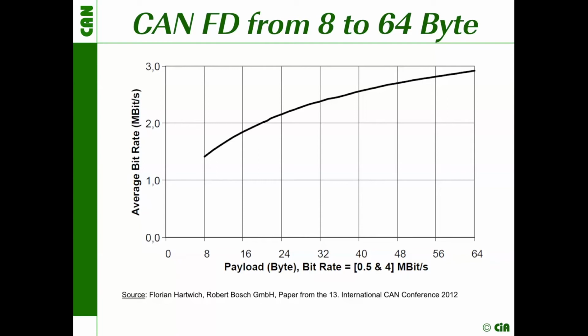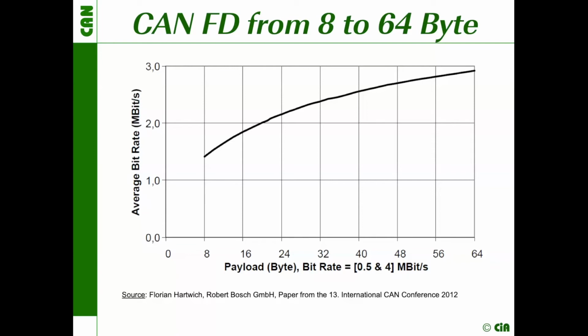And the improvements are even higher if, like for lift applications, we could use the arbitration speed of 250K and still use the data phase of 4 megabit, and then we have a much higher improvement.